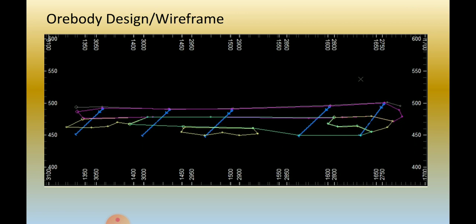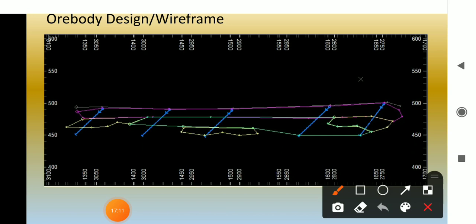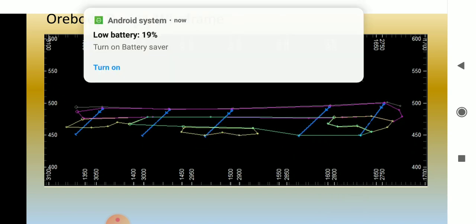In pink color it is the overburden, in green color it is our ore body, and in yellow color these are some intrusions.